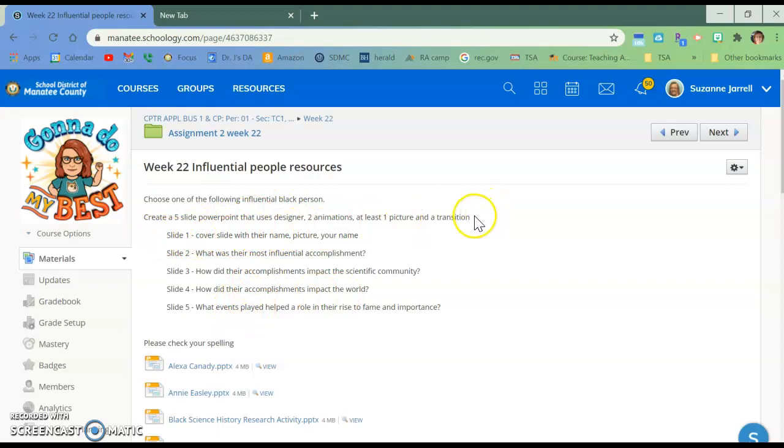We are now taking them and applying them to a prompt or a problem, and the purpose of this PowerPoint is to inform someone about your influential person using this information and these questions. So you're answering these questions.